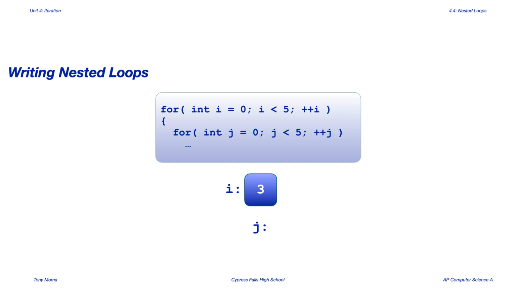Back outside. i equals 3, back inside. j is reset to 0, then 1, 2, 3, 4, then it's finished. Back outside, i is 4, back inside, j is 0, then 1, 2, 3, 4. The inner for loop is complete, and also the outer for loop is now complete.